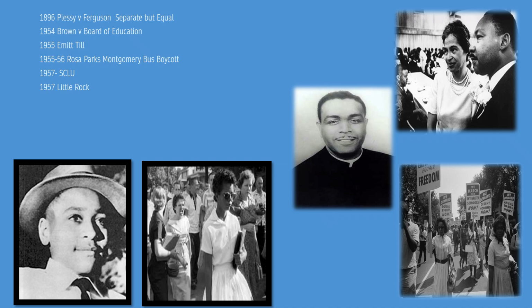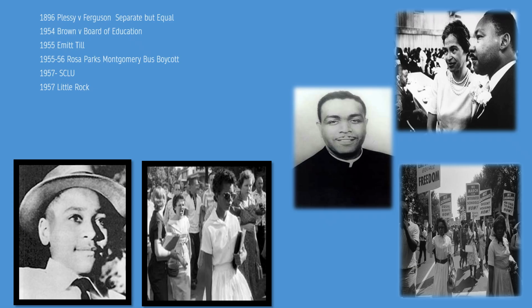Okay, so 1955, the 14-year-old boy, you see his little hat down there in the left-hand corner. Emmett Till is going to travel from his home in Chicago, which, you know, the North was more accepting, did not have as many civil rights violations as we have in the South.